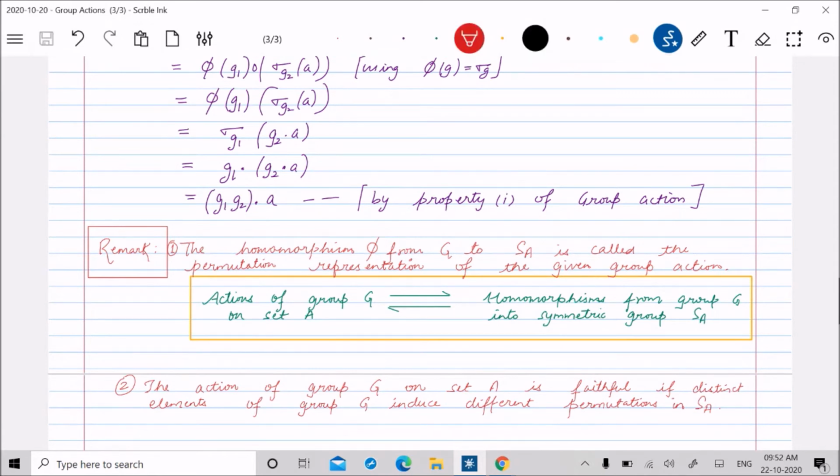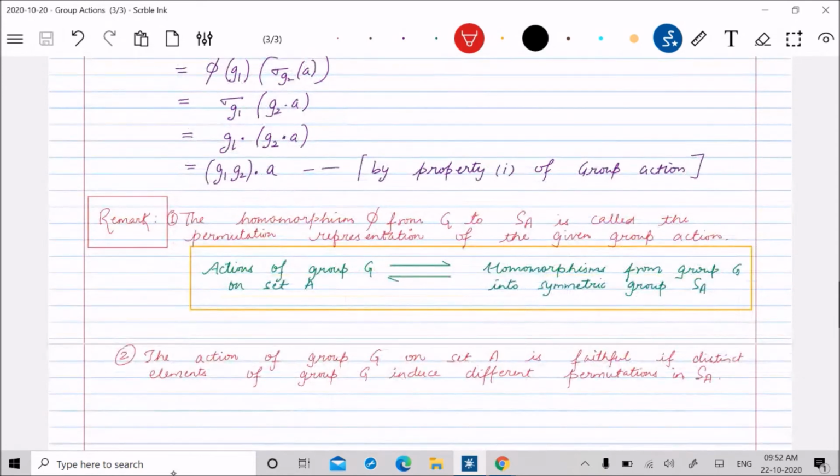That's clear. I will write the third point, and these are just small definitions, so I'm making them remarks only. The third is called trivial action. The action defined by g dot a equals a means that element g is acting on a, and the result is equal to a again.